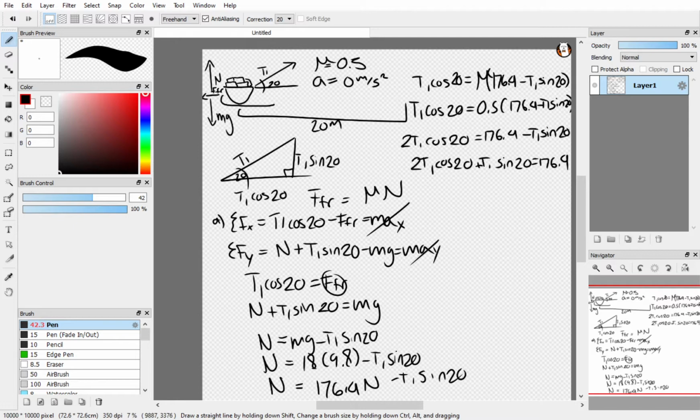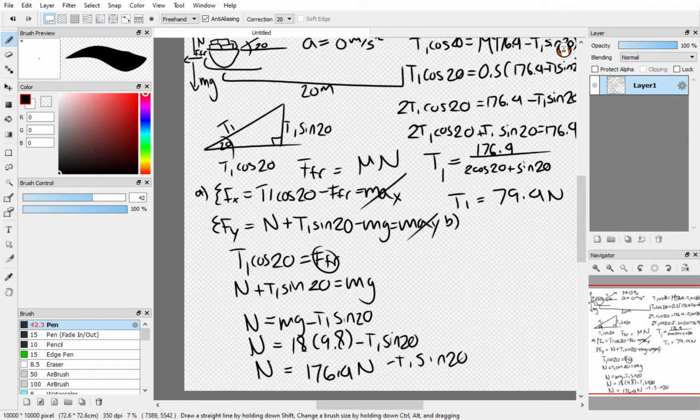After that, we're going to isolate T1 by factoring it out of here, and then dividing each side by what's remaining, so that would be equivalent to T1 equals 176.4 over 2 cosine 20 plus sine 20. Okay, and then we can solve for T1, and T1 is equivalent to 79.4 newtons. So that's our answer for part A.